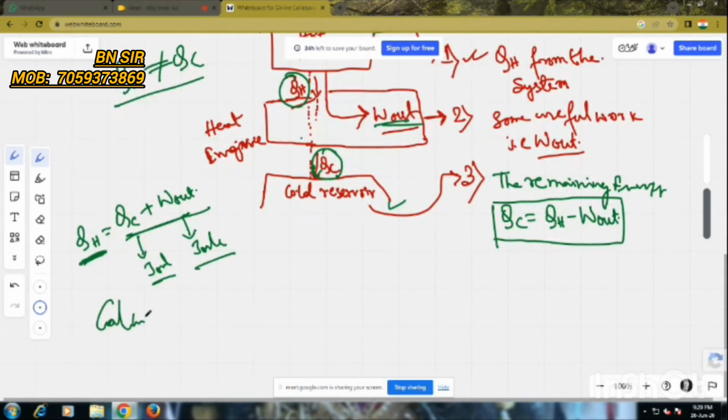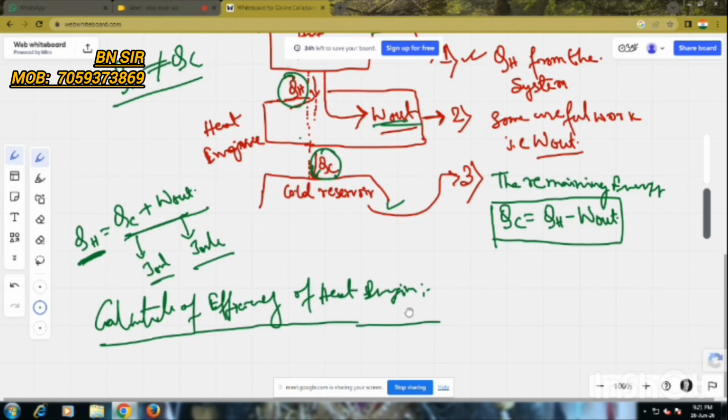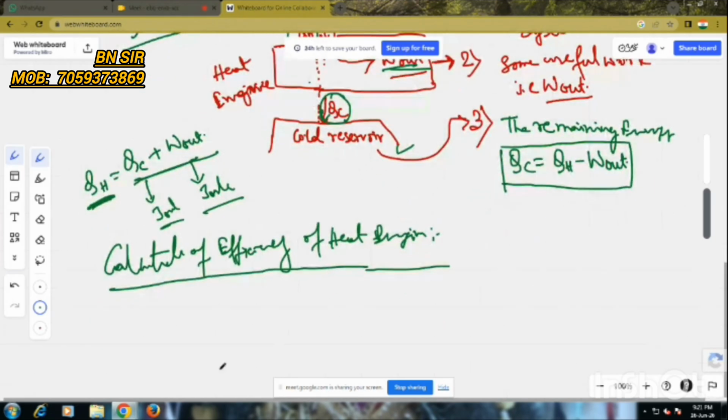Now one question always comes from the Carnot theorem concept, and in the heat engine concept the same thing comes to mind: the efficiency of the heat engine, how much an engine performed. So that would be the calculation of the efficiency of the heat engine.